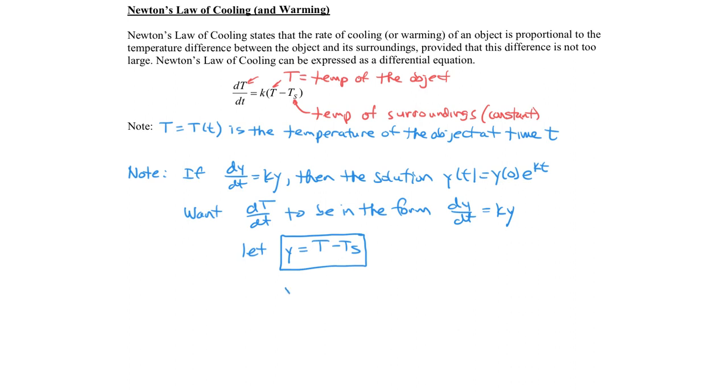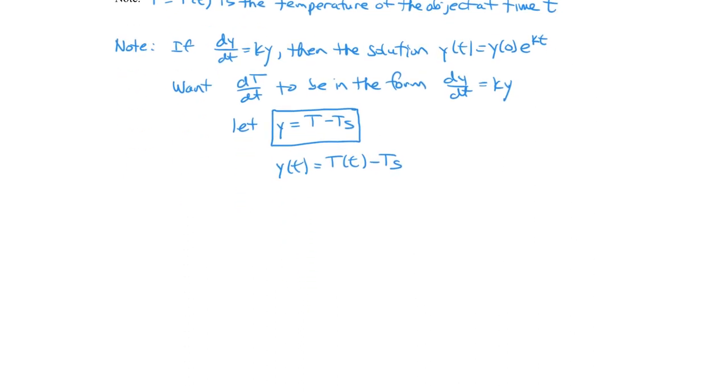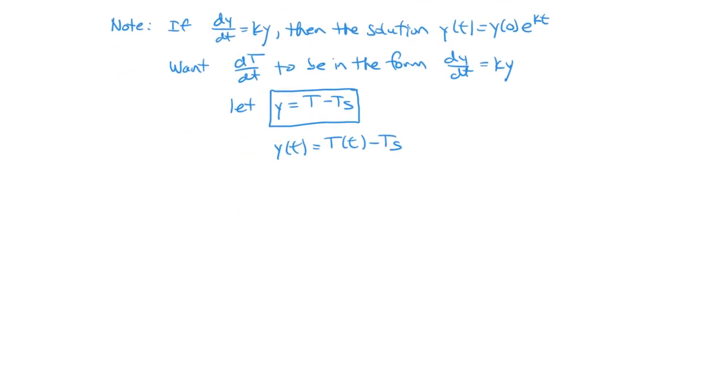So in other words, y of t equals T of t minus T sub S. And then if we were to differentiate this equation, what we would get is y prime of t equals T prime of t. And the derivative of T sub S is a constant, so the rate of change would be 0.